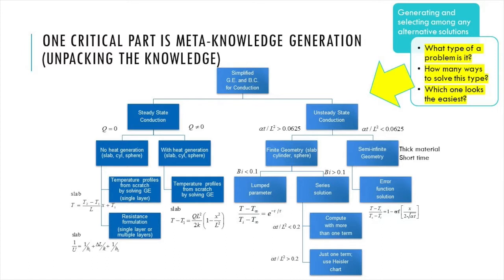This traversing is what an expert does, perhaps without even thinking, but here we are unpacking the expert's knowledge. So this is the other critical part. This part, together with what I showed in the previous slide, is the tool that we have developed to help the student develop problem-solving abilities.